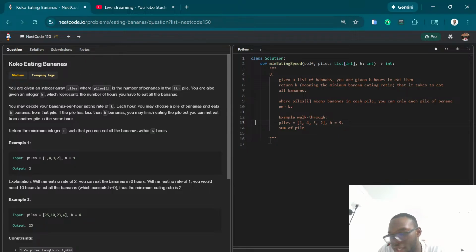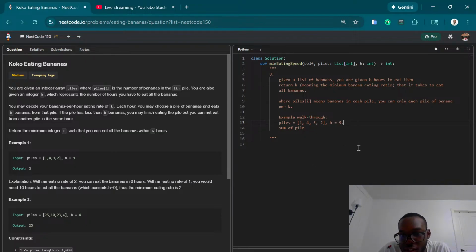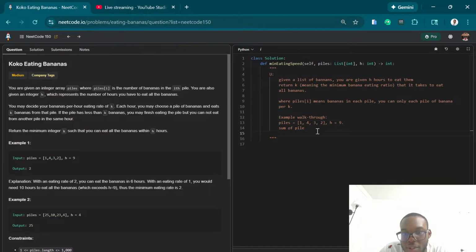It's called Koko Eating Bananas. With a rate of 1, we would need 10 hours to eat all the bananas, which exceeds the limit.